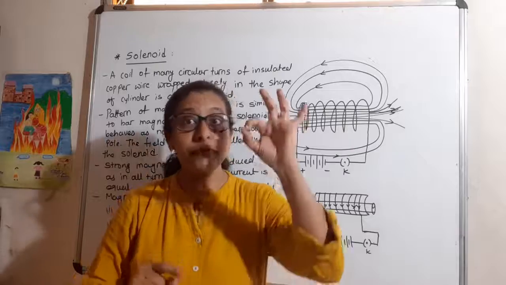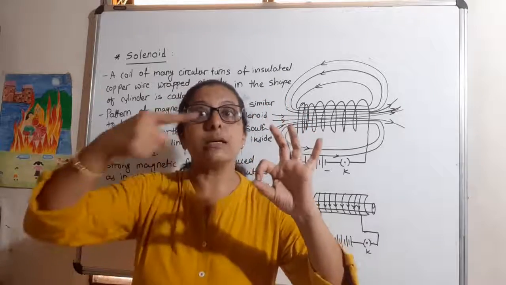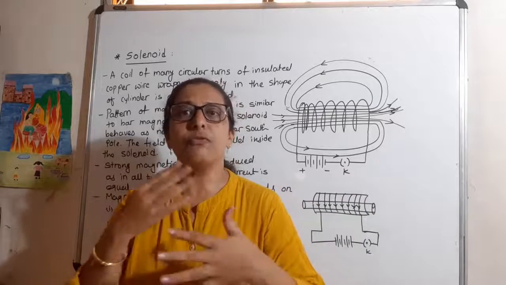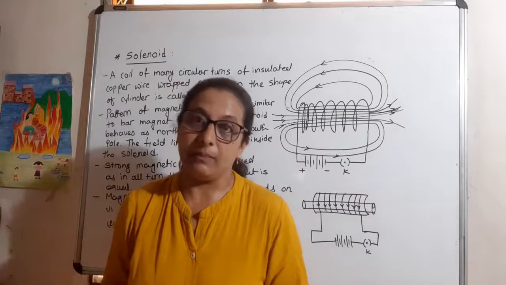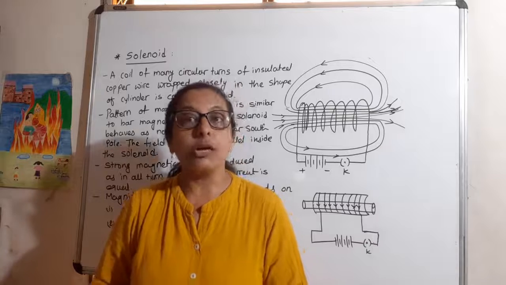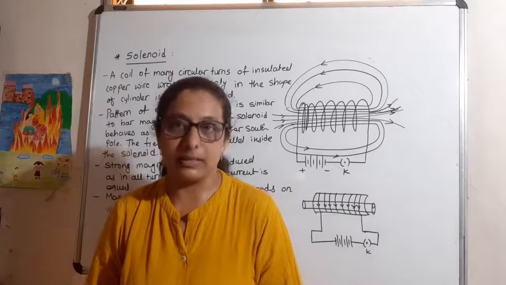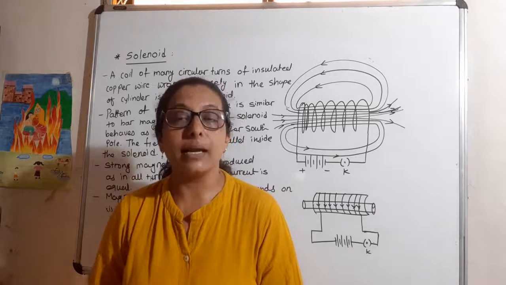then instead of one loop, if you use a coil with n turns, N turns meaning more than one turn, then a more stronger magnetic field can be produced, which can be used in many appliances to produce a strong magnet, right?